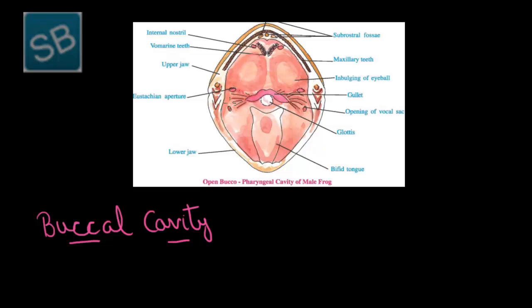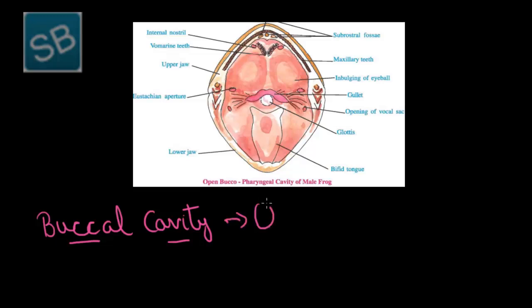It connects the pharynx with the middle ear and thus keeps the air pressure equal on both sides of the tympanic membrane, which enables easy hearing. A bifid tongue is present in frog, which is soft and slimy in nature. This bifid tongue is anteriorly attached and posteriorly it is free. It is bilobed in nature.